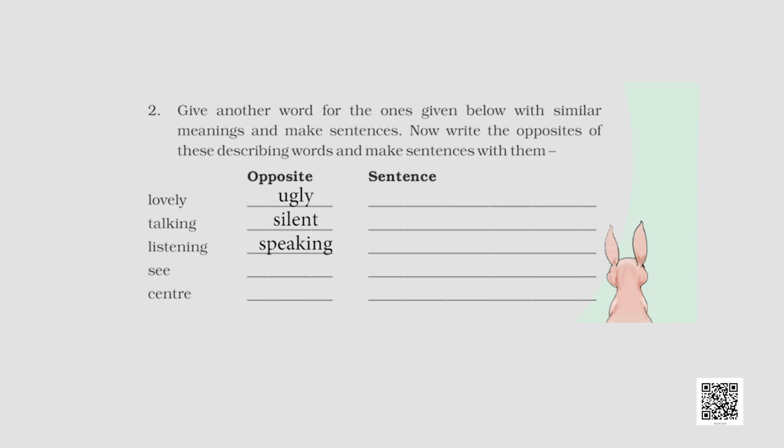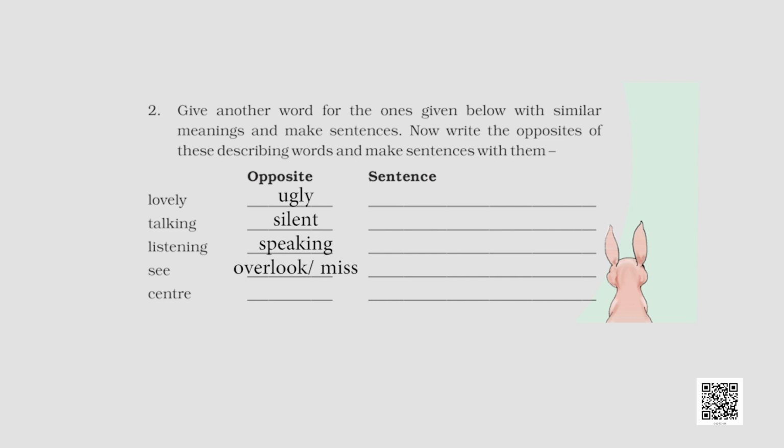The next word, see. Another word for see. Good. It is look. Can you think of the opposite of look or see? It can be overlook or miss. Good going. Let us go to the last word in this section. The word is center. Can you think of another word that means center?